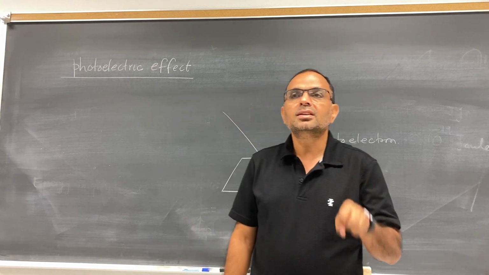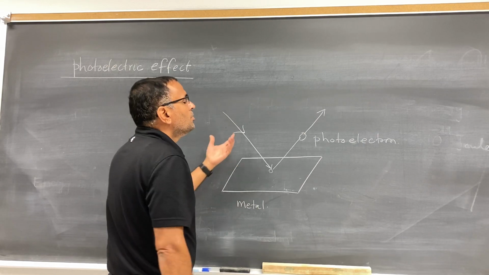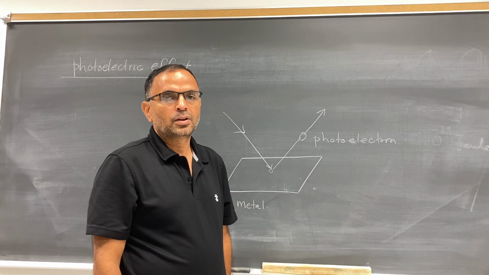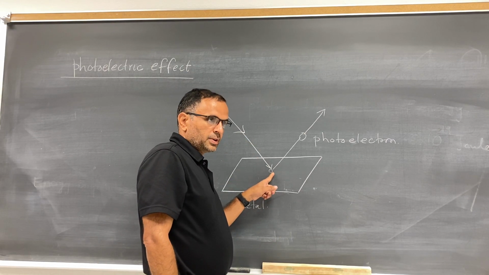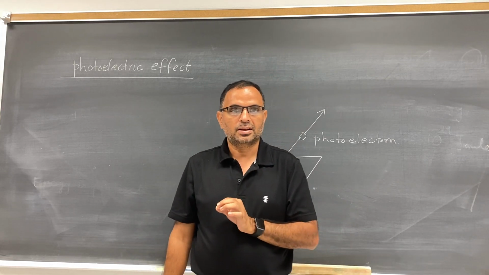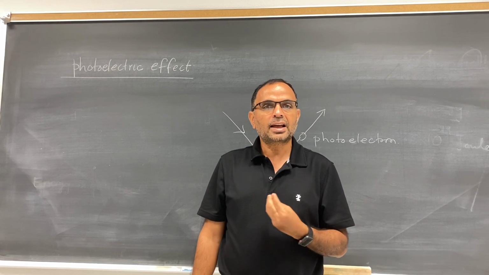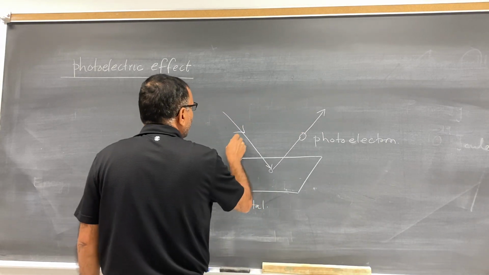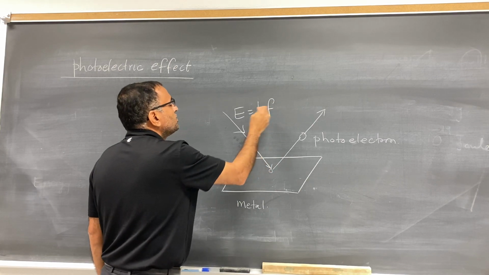The incident light must have some minimum energy so that this light can knock out the electron from the metal surface. So the ejection of electron from the metal surface by striking the light of suitable frequency is called the photoelectric effect. This is your incident light. It has an energy E equal to HF, where F is the frequency.